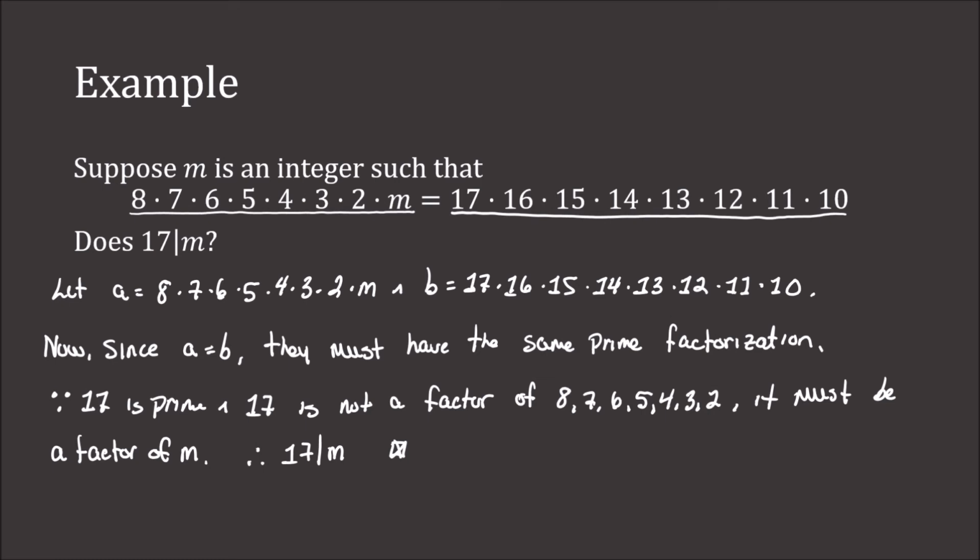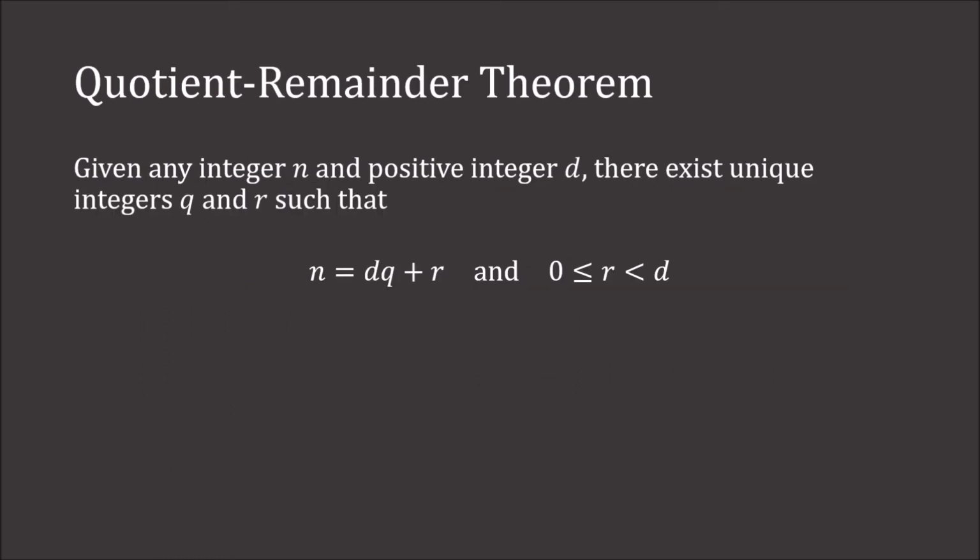And now we're going to look at one of the most consequential results about integers, and that is the Quotient-Remainder Theorem.